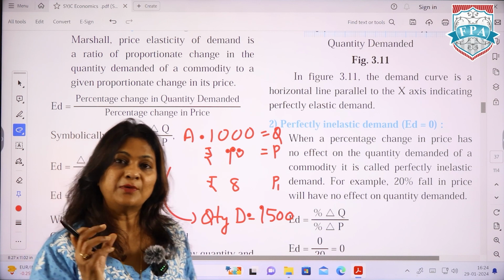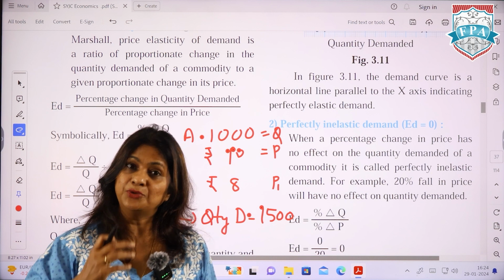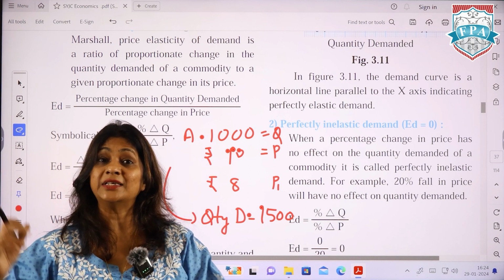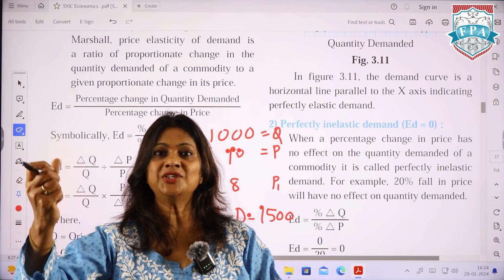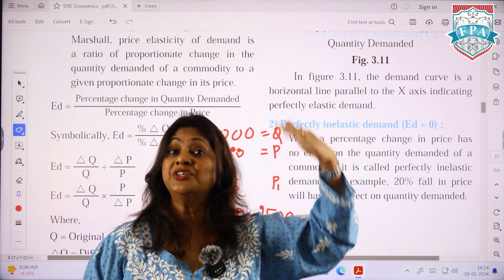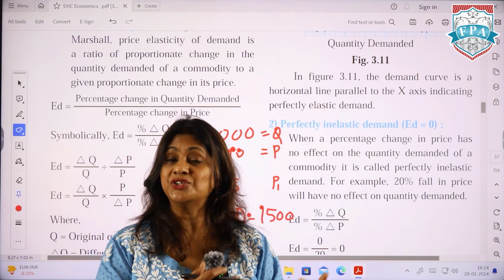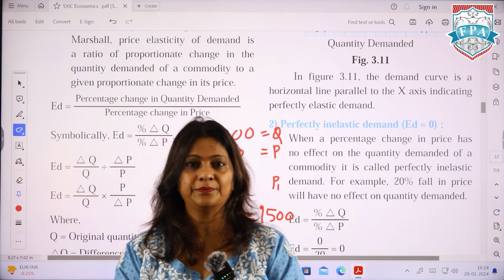The percentage change is 500 divided by the original quantity, 1000, into 100, which is 50%. That means the quantity change is much higher in comparison to the price change. This is known as the good being elastic.